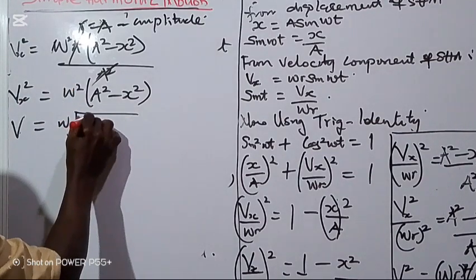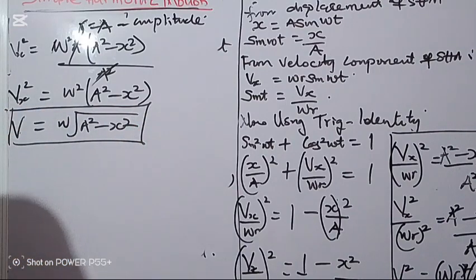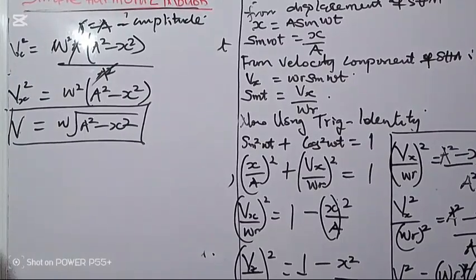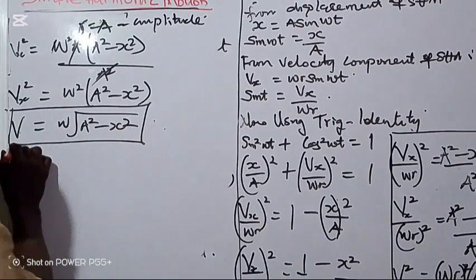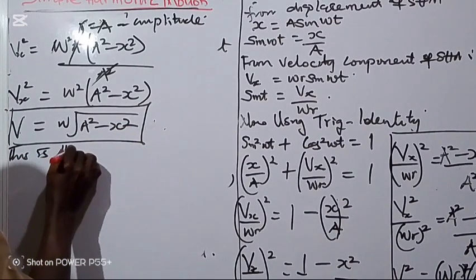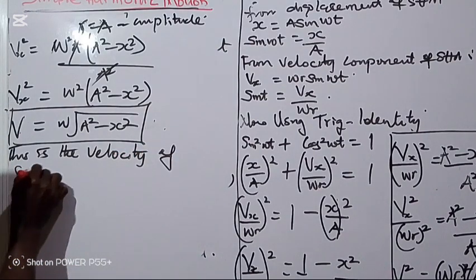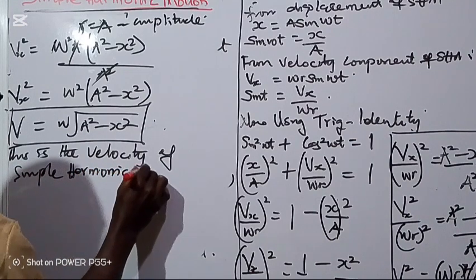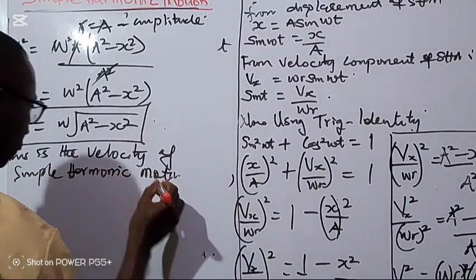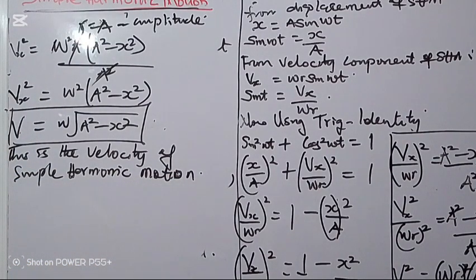This one will be the velocity of simple harmonic motion. When you have to find the velocity of any object performing simple harmonic motion, this is the general formula for the velocity.